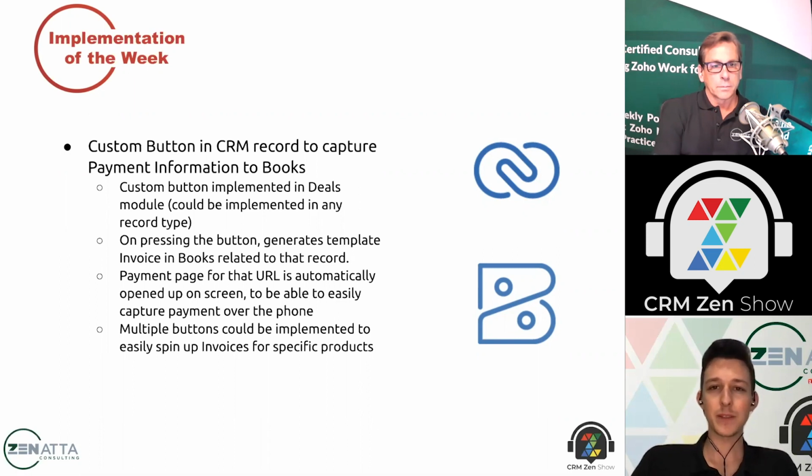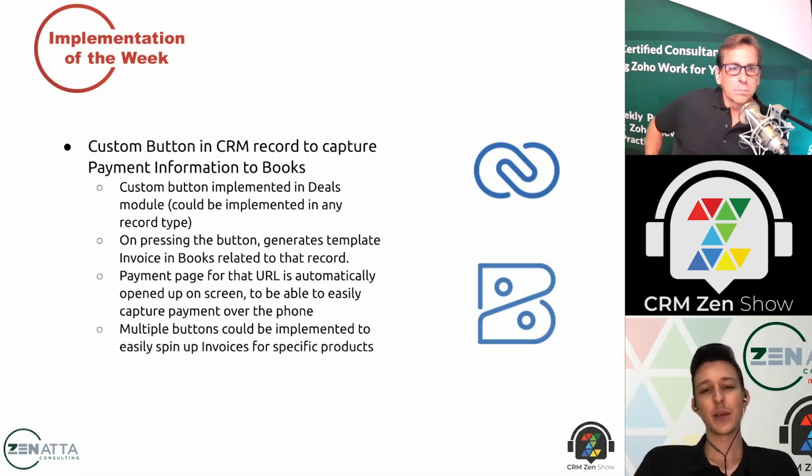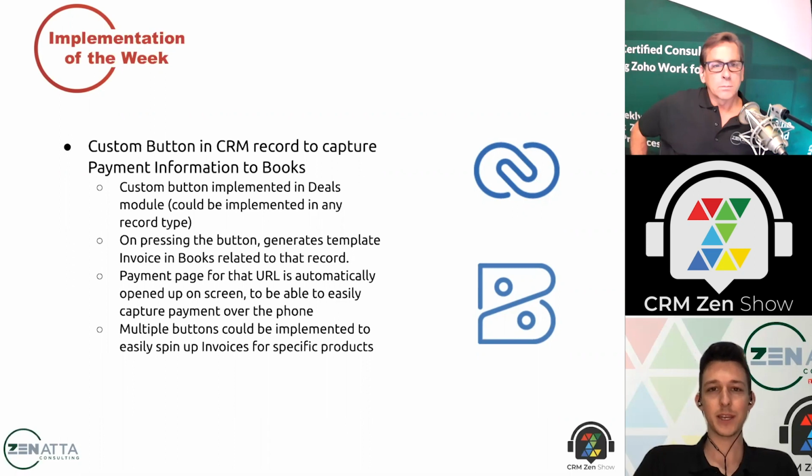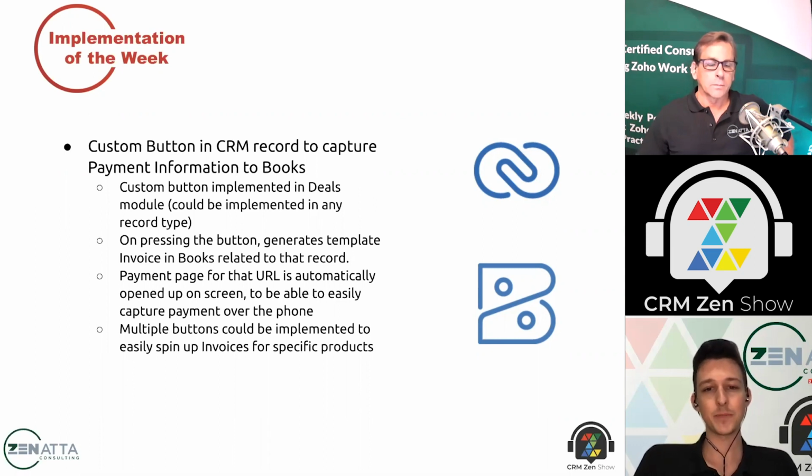So for us, we implemented this in the deal or opportunity record. You could drop this into a contact, an account, really anywhere. And what this does is that when you press the button, it'll automatically generate a templated invoice over in Books, and associate it to whichever record you clicked on the button in the CRM. So if it was a deal or a contact, you're going to get that association between the two applications.